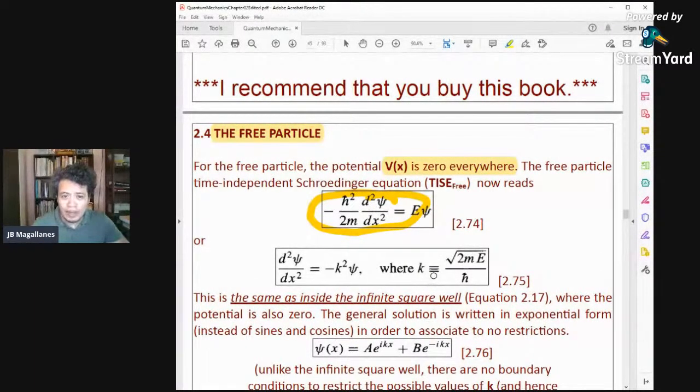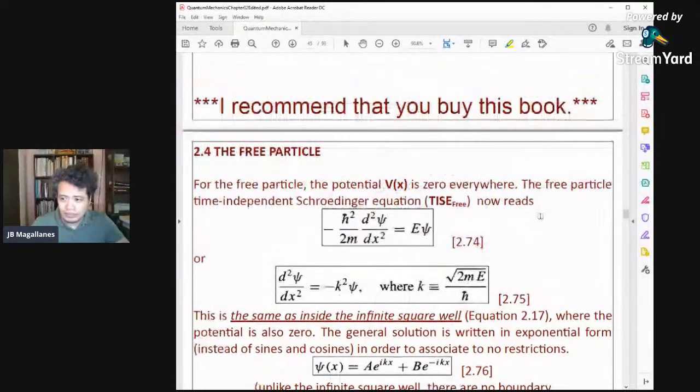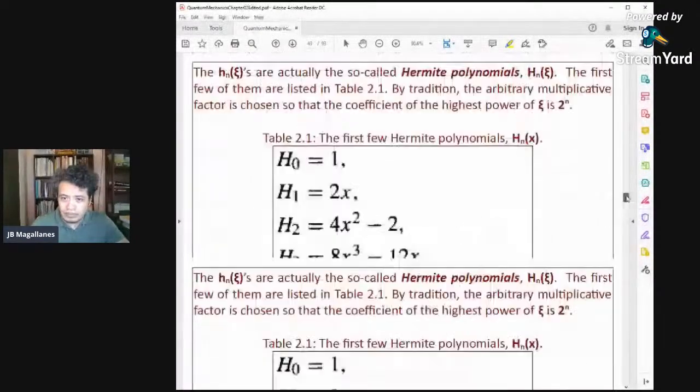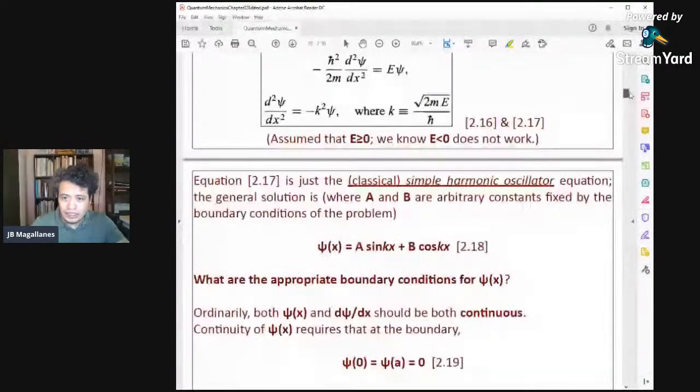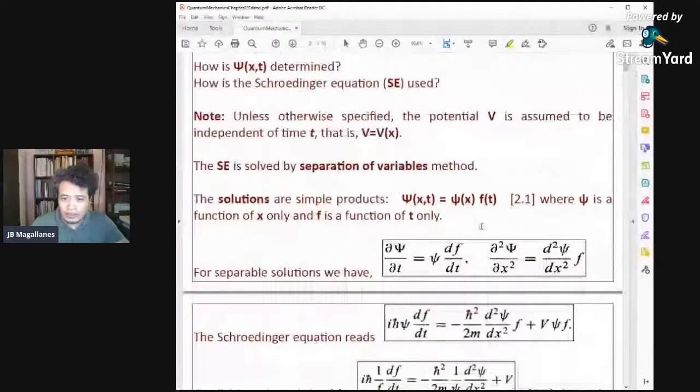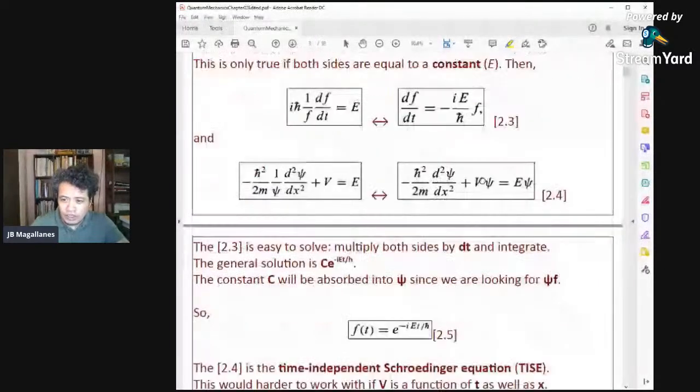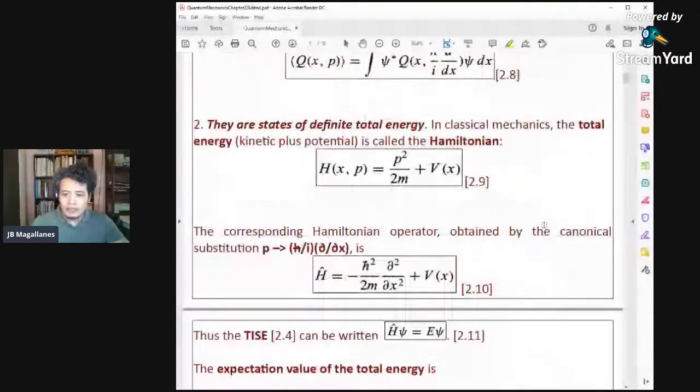So if we go back here, there's supposed to be this term, but since the potential is zero everywhere, this will be just crushed out from the Schrödinger equation.